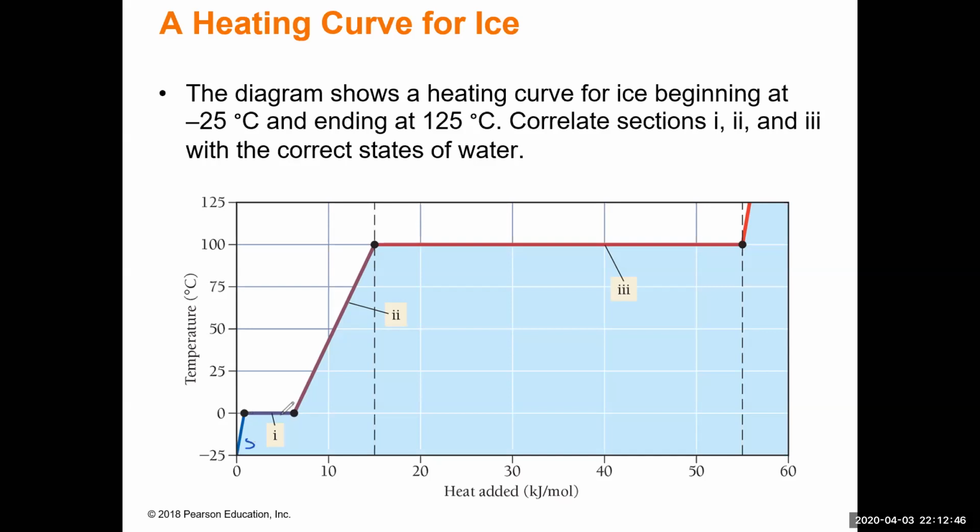And at point 1, we're at 0 degrees Celsius. At 0 degrees Celsius for water, we're converting from a solid into a liquid. So at 0 degrees Celsius, we have both the solid and liquid state.